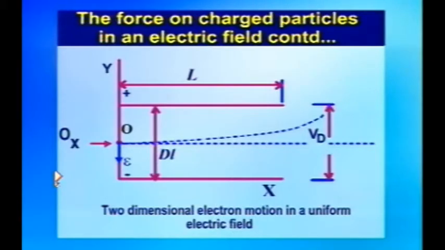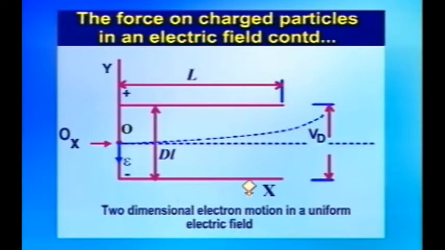You are looking at this slide containing the motion of the particle and also its path under the influence of the field. For example, you can consider it as similar to the arrangement of a parallel plate capacitor.